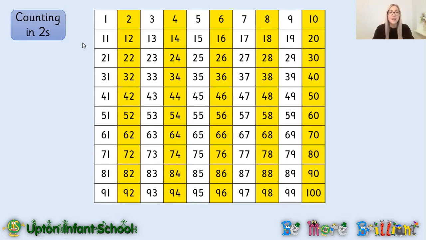Okay, starting from 0. 0, 2, 4, 6, 8, 10, 12, 14, 16, 18, 20, 22, 24, 26, 28, 30, 32, 34, 36, 38, 40, 42, 44, 46, 48, 50.